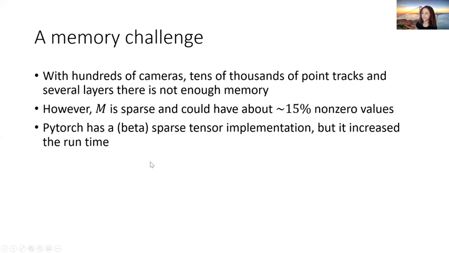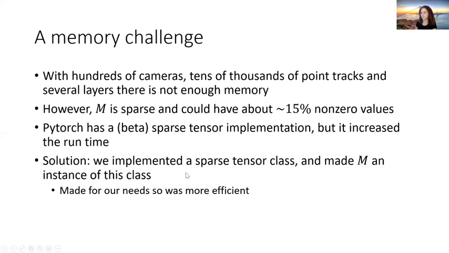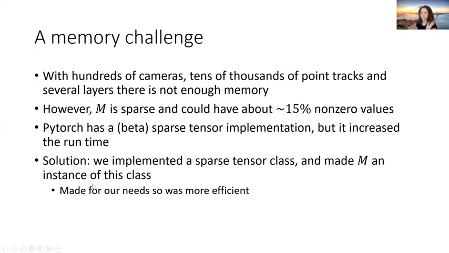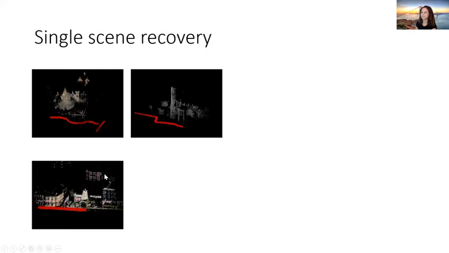PyTorch has a beta sparse tensor implementation, so we tried to use it, but it was very costly in runtime. So we implemented a sparse tensor class made specifically for our needs. It had only the functions that we needed, so it was much more efficient. That's it, it's an idea. Maybe it's something that you can use if you ever encounter these problems.